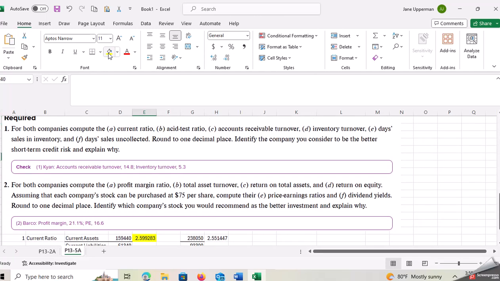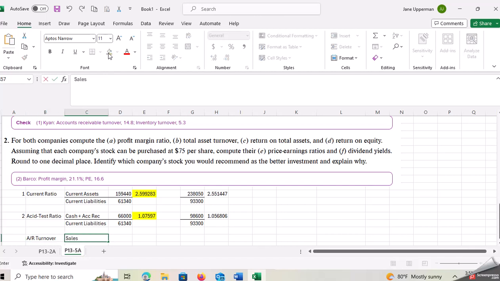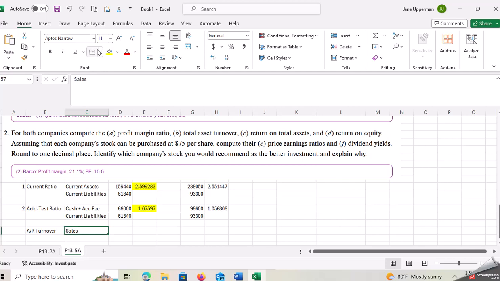Then we have our accounts receivable turnover. Turnover ratios require us to do the average. So our accounts receivable turnover is our sales divided by our average accounts receivable.